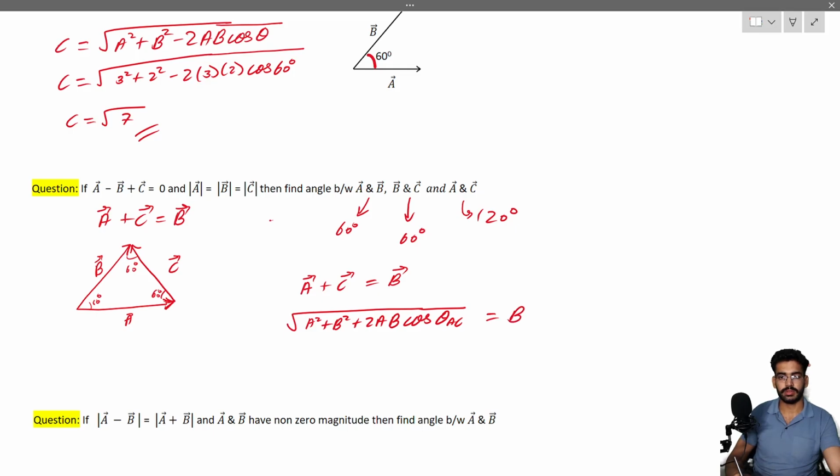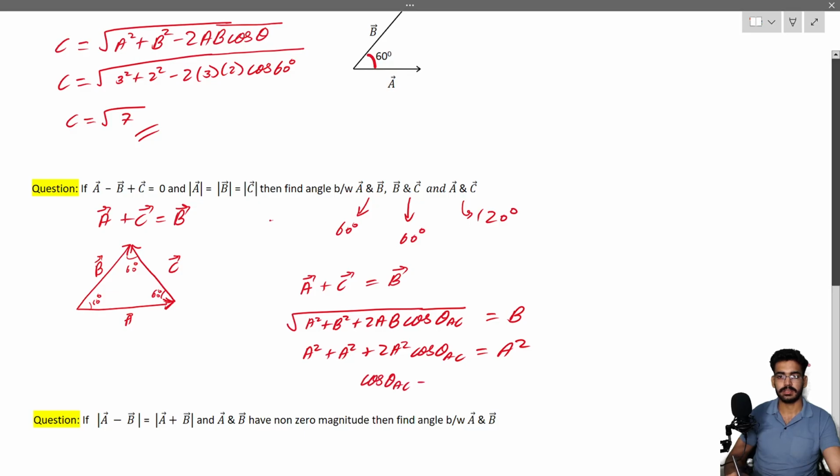Now I know the magnitudes are equal, so I can put any value: a square plus a square plus 2a square cos theta ac equal to a square. So from here you check cos theta ac, and it is going to come minus 1 by 2. So I can say theta ac equals 120 degree. So this is how you solve.